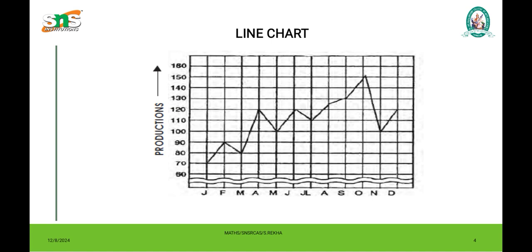This type of representation helps us picturize the data clearly, as a pictorial form of representation. Normally data are collected and we can represent them in different types of diagrams. In the next class we will see how to draw a bar diagram, histogram, like that. In today's class we saw the line chart and how to draw it.